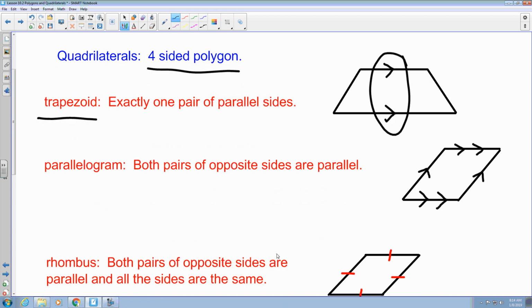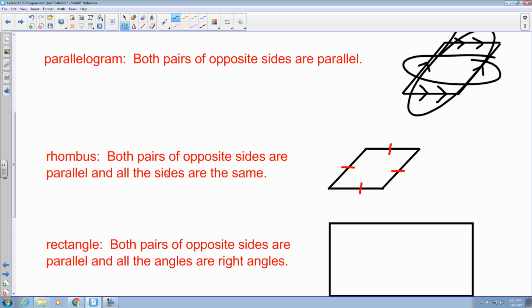A parallelogram has both pairs of opposite sides that are parallel. So I have these two sides are parallel, these two sides are parallel. That's how we go about solving that. A rhombus has the same characteristics as a parallelogram. The only difference is all four sides are equal in measure.